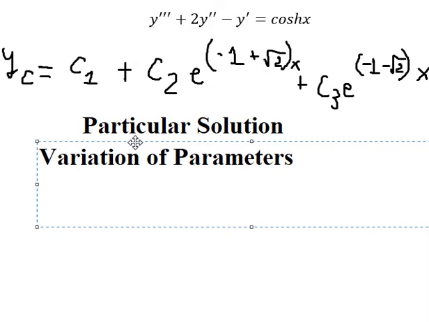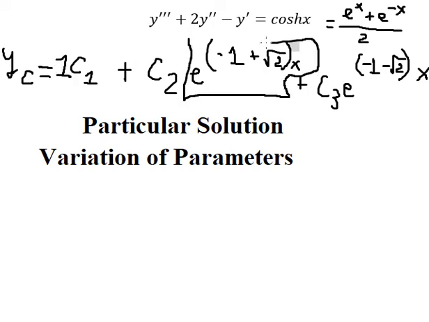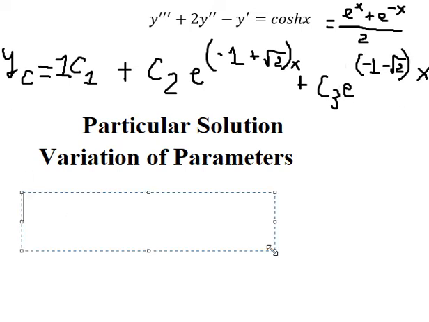So I will transform cosh x into e to the power of s plus e to the power of negative s, over number 2. So we know that this one is number 1, and this one is about this one here, because we use the Wronskian.